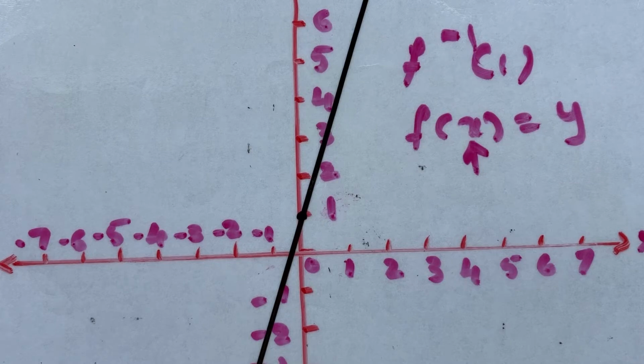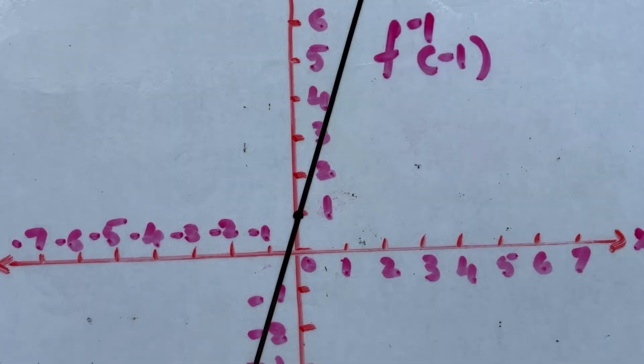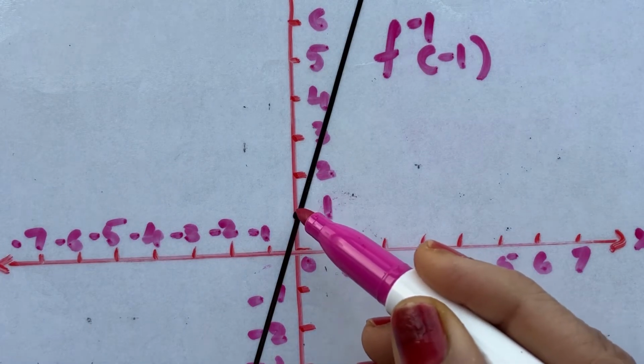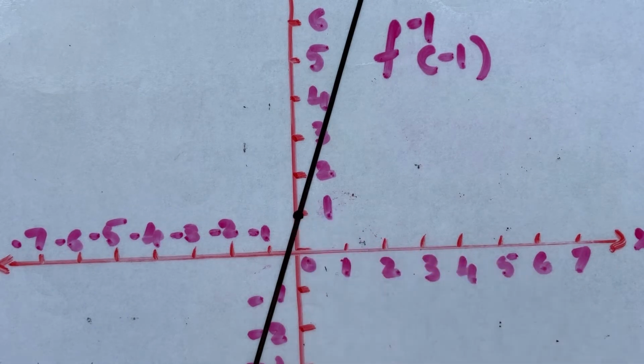For a function to be invertible means each possible value of output is produced by exactly one input. To find the inverse function, you have to first find the value of y, that is output. Using the output, that is the y value, you have to find the input, that is the x value.